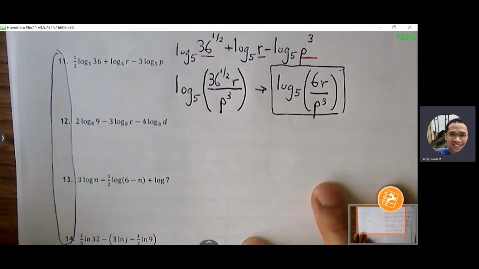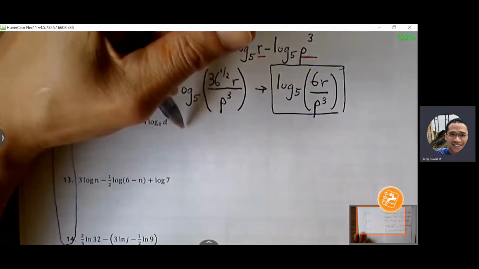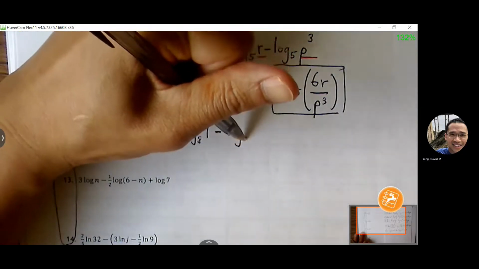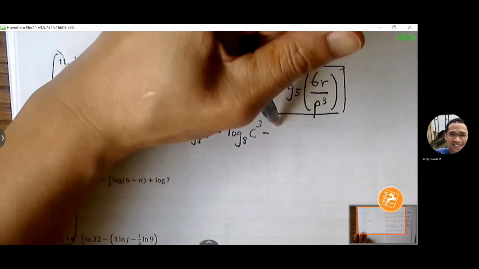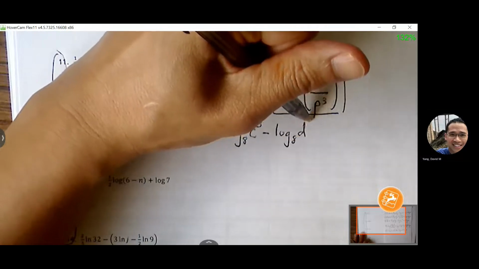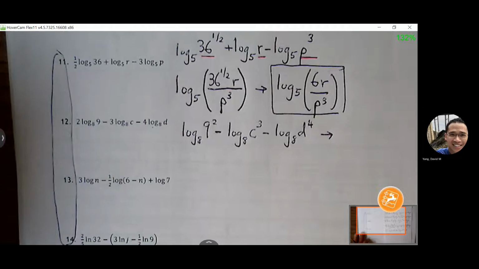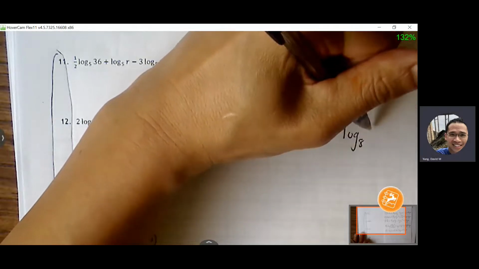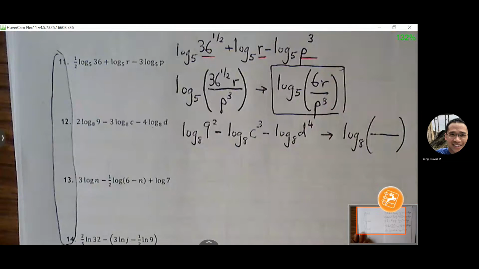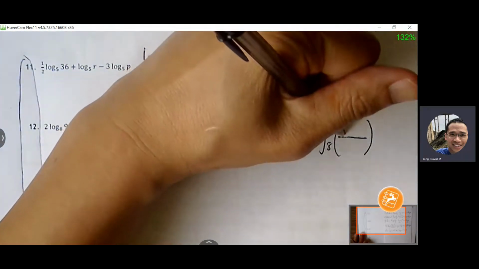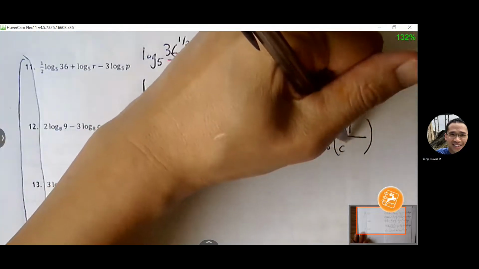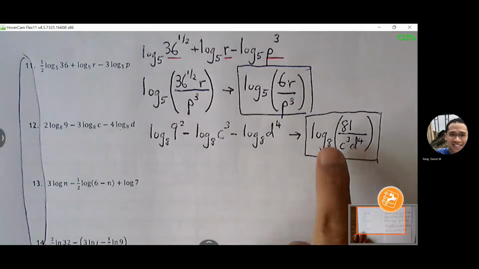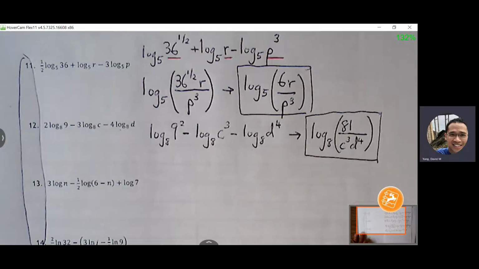All right, try number 12, and I'll work through it at the same time you do. The 9 squared goes above, and I just made that 9 squared into 81.